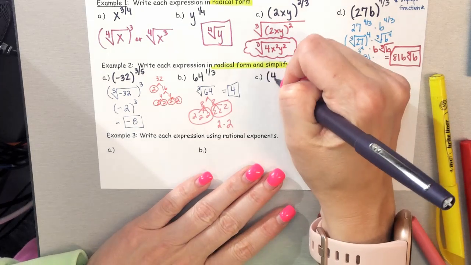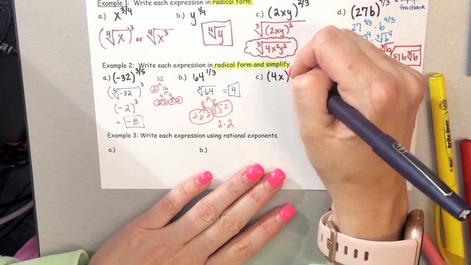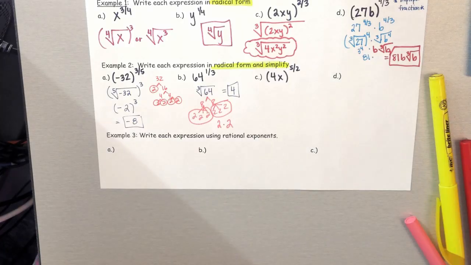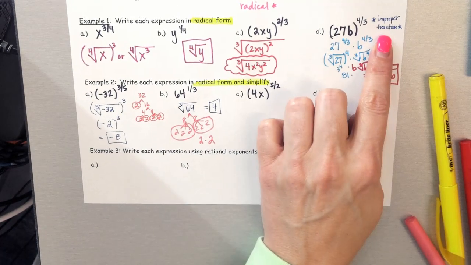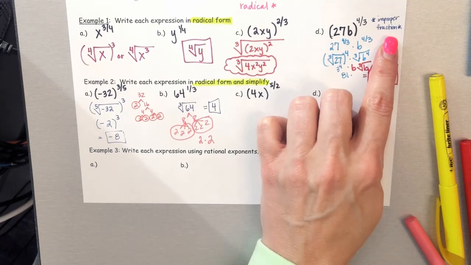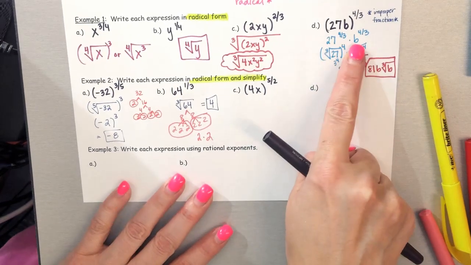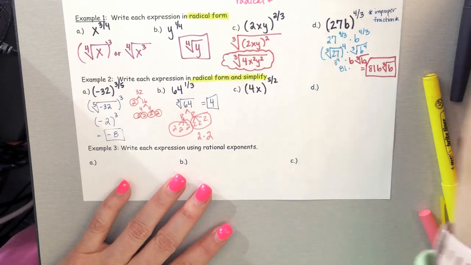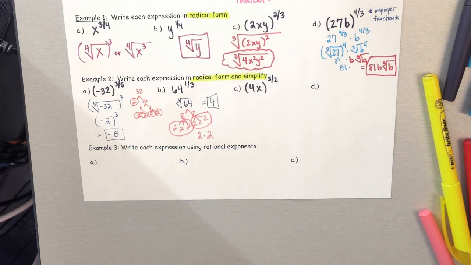All right, now C is a little bit different. We have 4x to the 5 over 2. So in the last one, we talked about this. If you have an improper fraction, then we should split these up and distribute. So that's the first thing I want you to do.